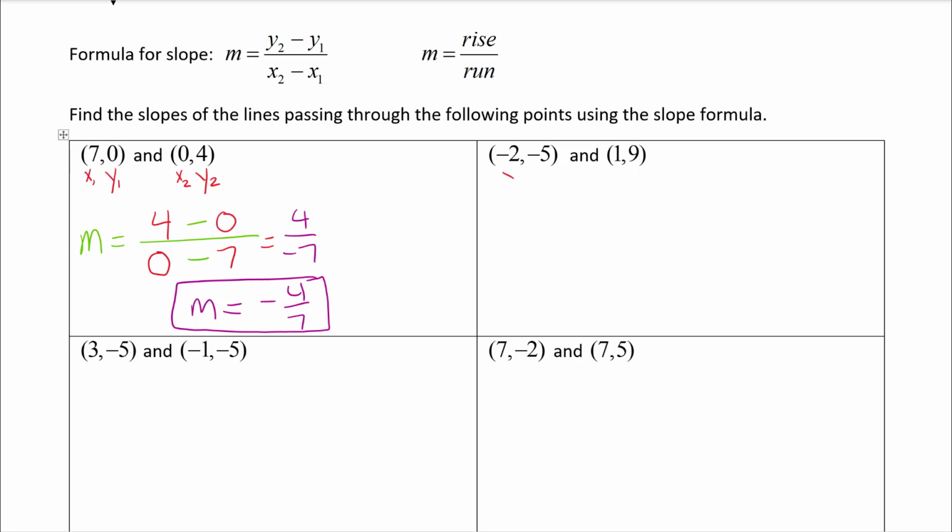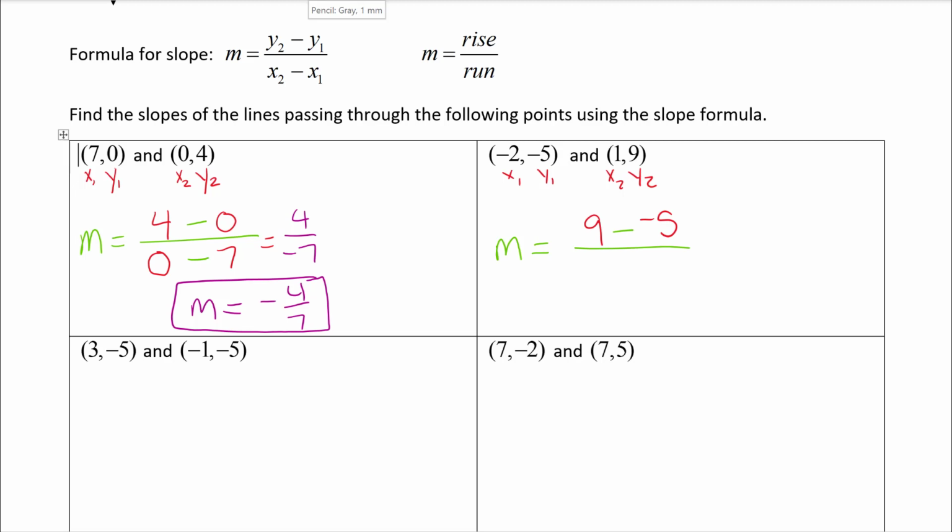Let's do this again. x1, y1, x2, y2. For my slope, I have y2, which is 9. Then I have a minus because there's a minus in the formula. y1, which happens to be negative 5. So the green minus is from the formula, the red minus is from the negative on the 5.